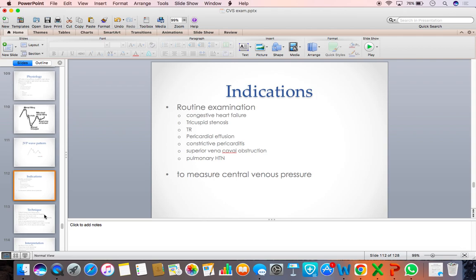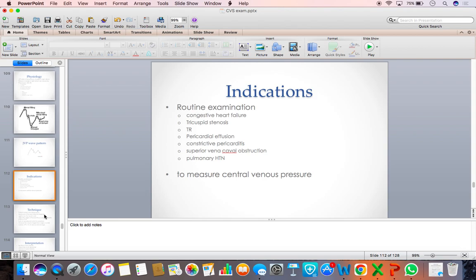Because the regurgitant blood adds to the blood that is already existing in the right atrium due to venous return. The V wave is normally produced due to the maximal filling of the right atrium due to venous return, and this is added by the regurgitant flow of blood from the right ventricle into the right atrium in tricuspid regurgitation, resulting in very prominent V wave. This is the explanation behind it.